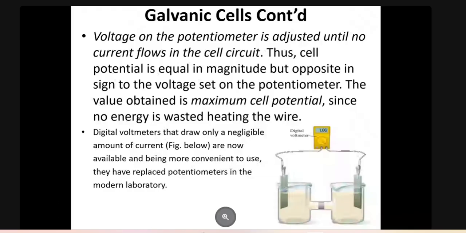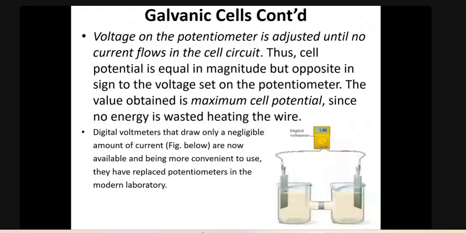Now, the problem with using a voltmeter for measuring voltage is that the voltmeter has a resistor, and that resistor will lead to loss of energy because it eats up energy as current passes through it.